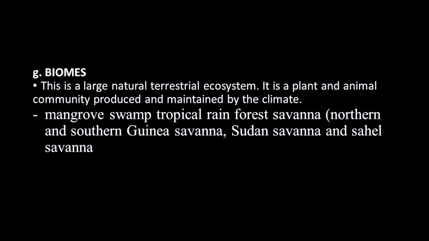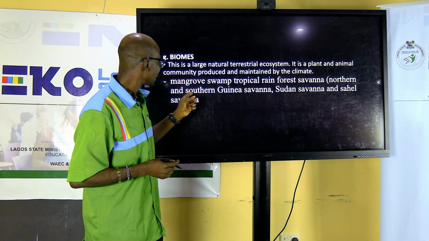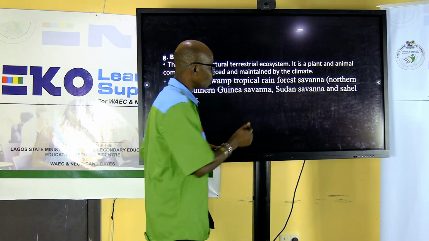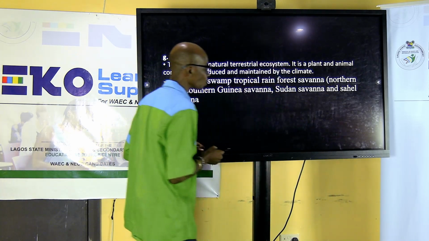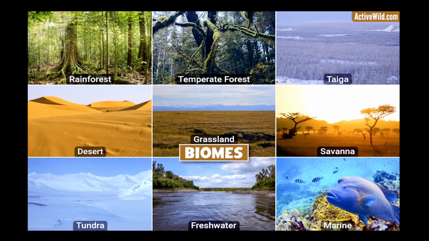We have the tropical mangrove swamp. We have the tropical rainforest. We have the savanna. In Nigeria, our savanna is broken down into northern and southern Guinea savanna. We have the Sudan savanna as well as the Sahel savanna. This is a replica of what makes up the biome.